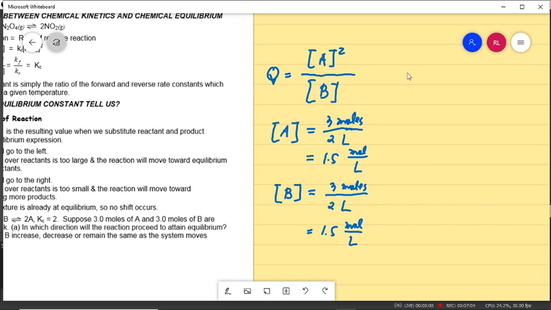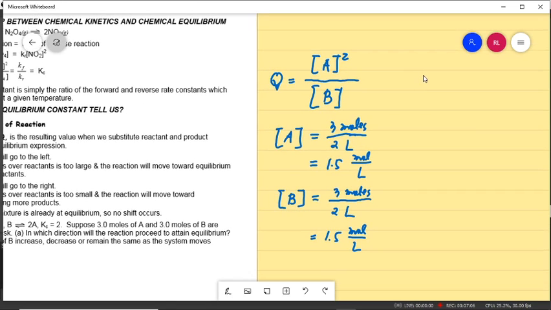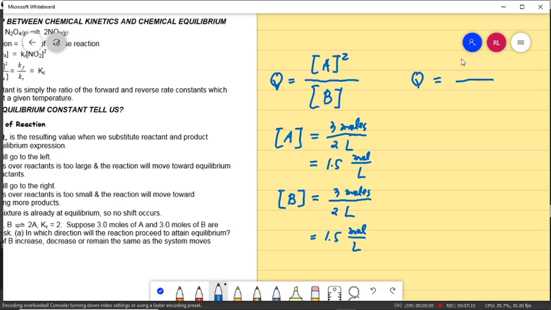So you have Q equals the concentration of A, which is 1.5 mole per liter, raised to the power of 2, over 1.5 mole per liter.